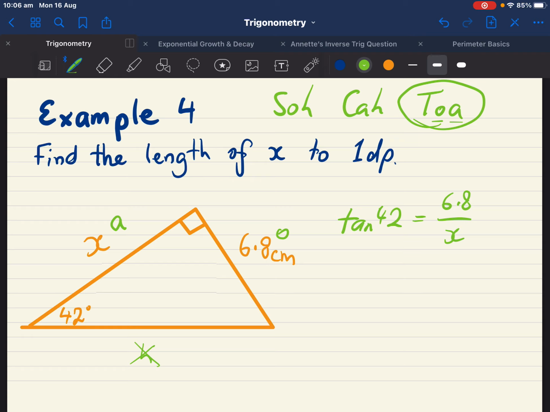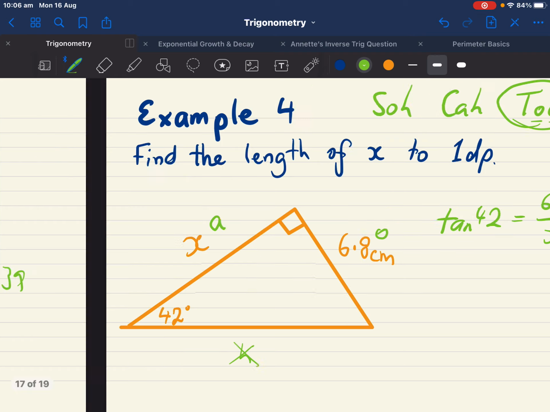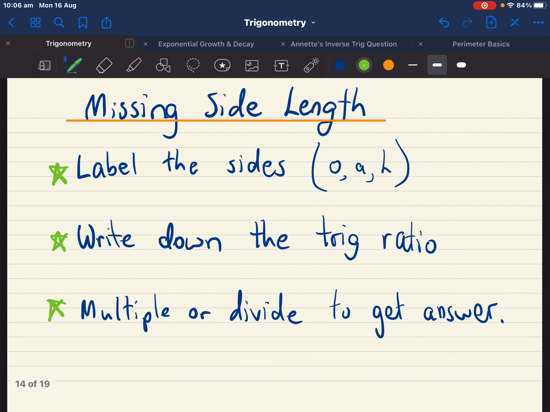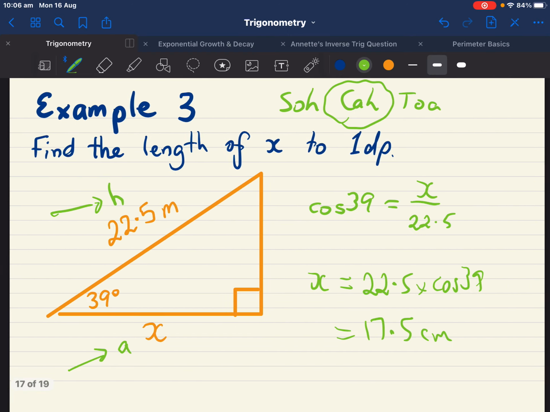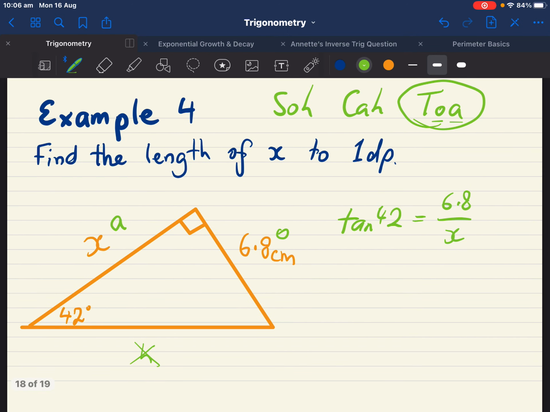We're on to the final step. Multiply or divide to get your final answer. We labeled the sides, we got the right trig ratio written down, and now we times or divide depending on where that pronumeral is. It's on the bottom. Bottom means divide. 6.8 divided by tan 42. Type it in your calculator. You come up with an answer and you can celebrate.